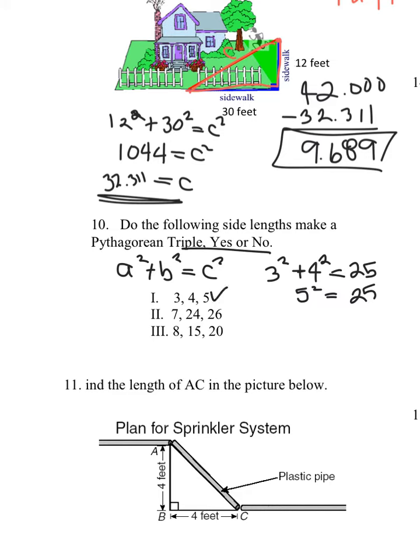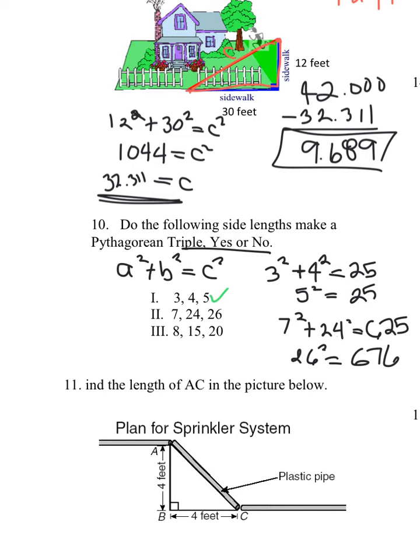We'll go green for yes, red for no, right? 7, 24, 26. 7 squared plus 24 squared is 625. 26 squared, I've already done the numbers, that's why I know these answers, is 676.